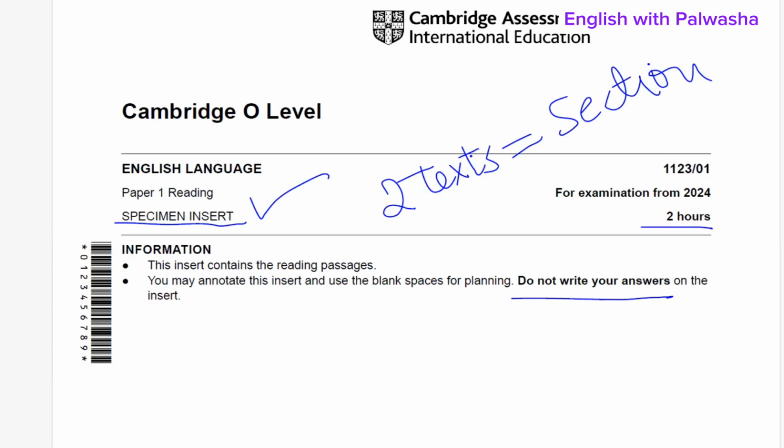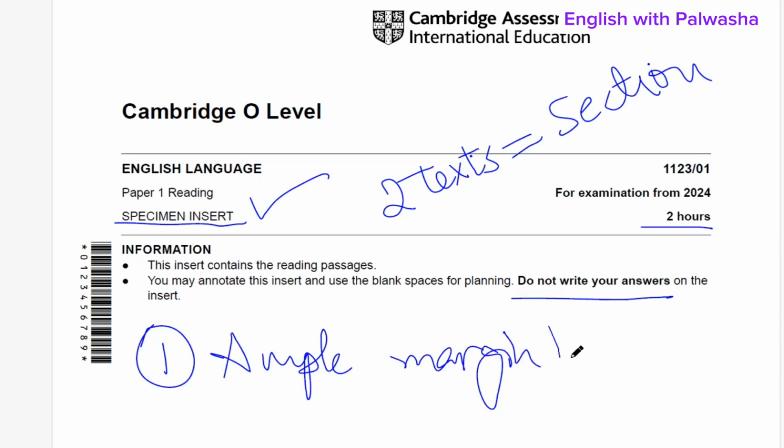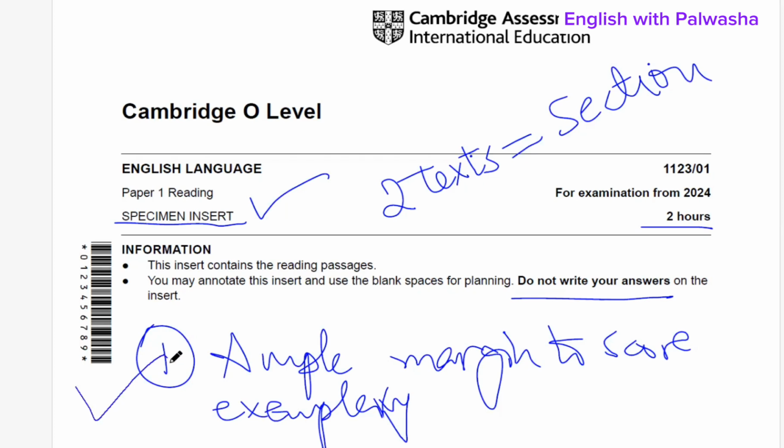The first thing I wanted to share is that you have an ample margin to score exemplary marks in this paper, and the mistakes you have made in the writing paper could also be overcome through this reading paper.